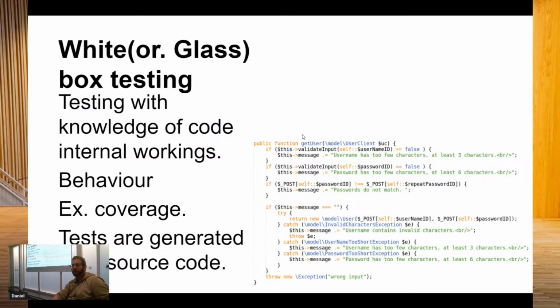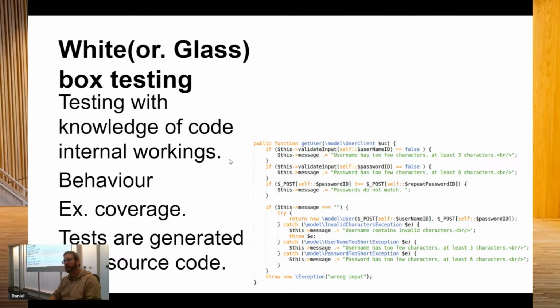We could still have different test cases. The equivalent partitioning when it comes to white box testing could be like this. I need one test case with one kind of input that goes into this one, and doesn't go into any of the other ones. And then I have a second test case that goes into the middle one, and then a third test case that goes into the third one.